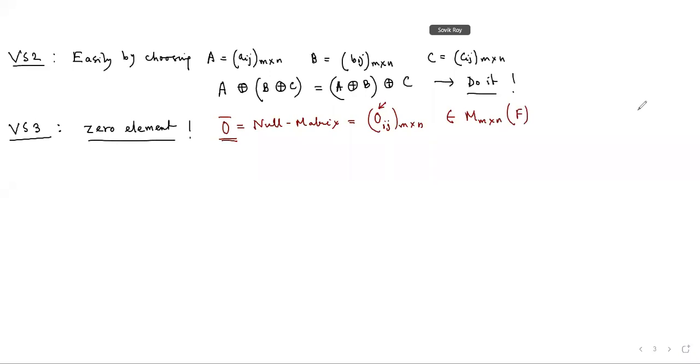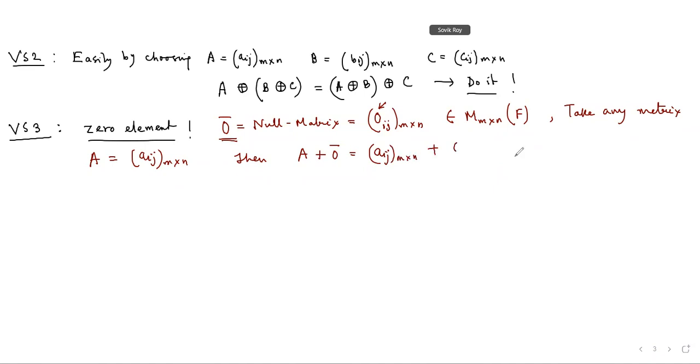And when we take any matrix A, which is Aij M cross N, then A plus 0 bar actually gives you Aij M cross N plus 0ij M cross N, which is Aij plus 0.